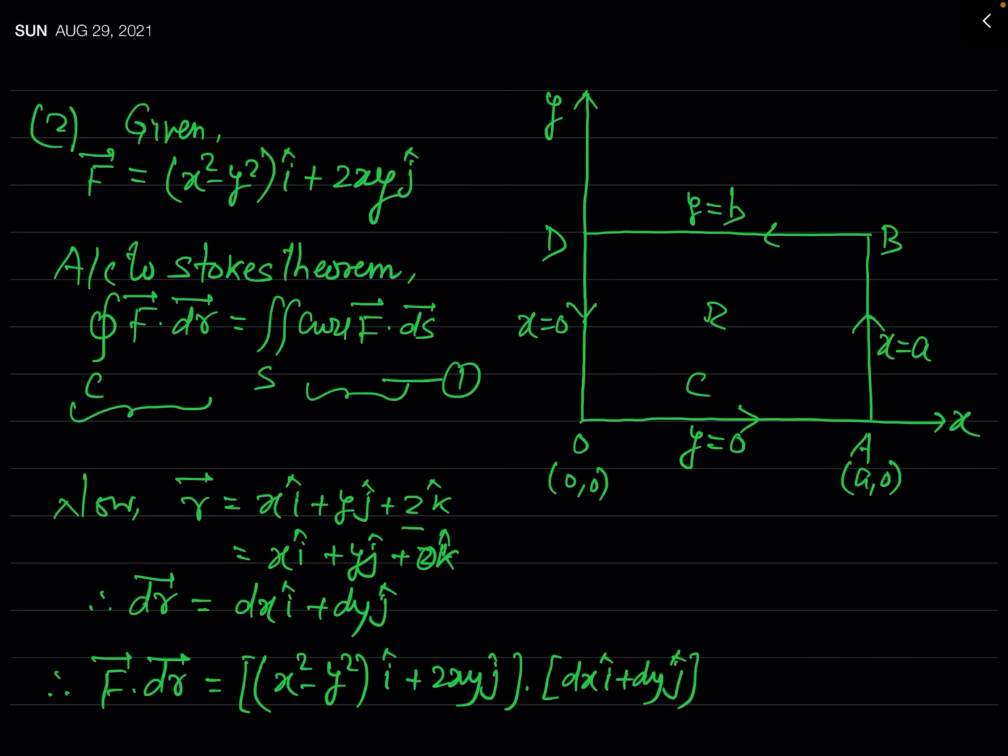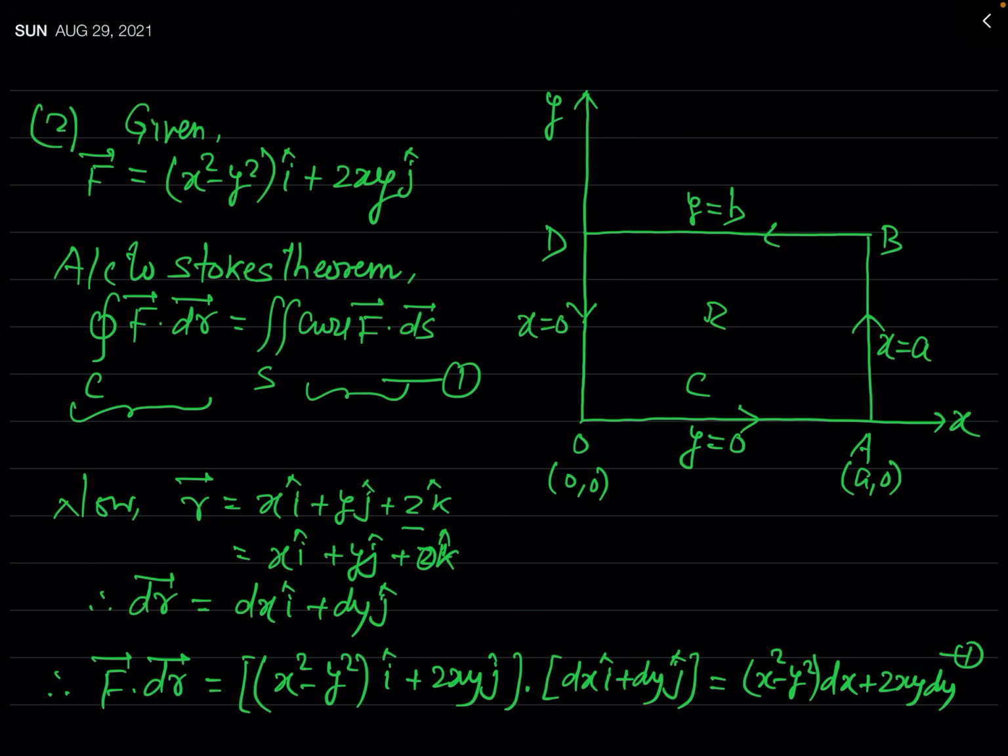So let us take the scalar product of these two vectors. You know, in a scalar product similar terms remain, but all the dissimilar terms vanish. So this will be simply equal to (x square minus y square) dx plus 2xy dy, and let us say this is your equation 1.